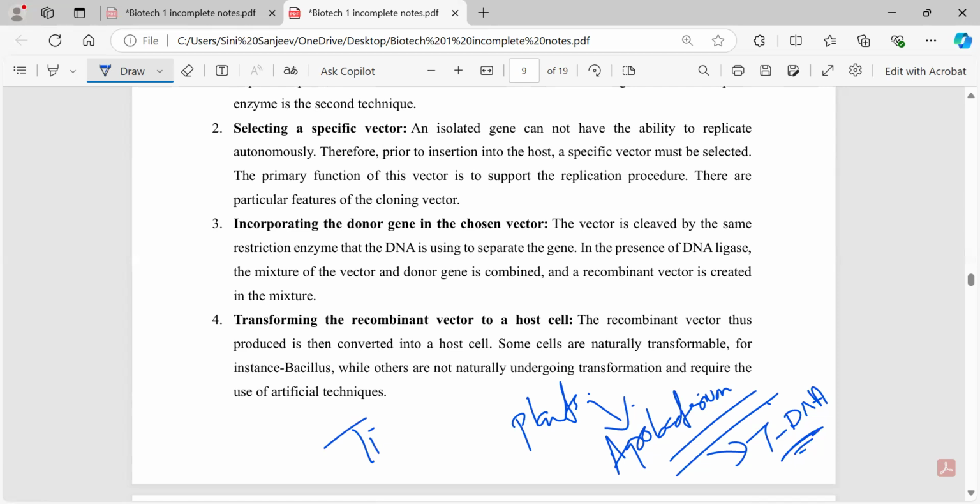In the same way for animals, there are retroviruses. Retroviruses have the capacity to convert your normal cells to cancerous cells.